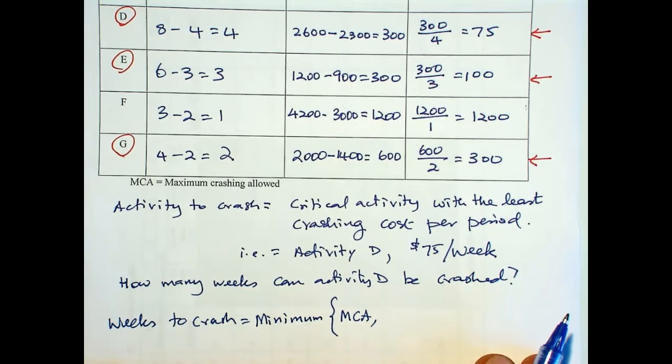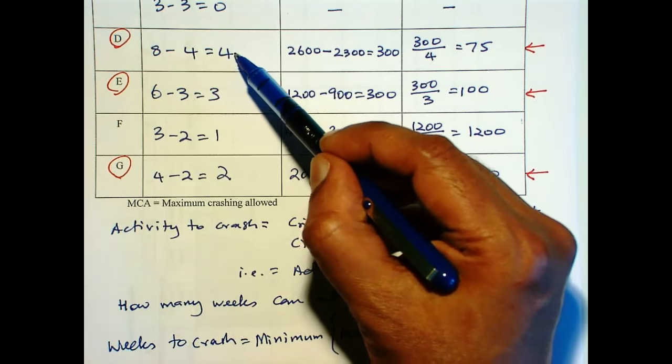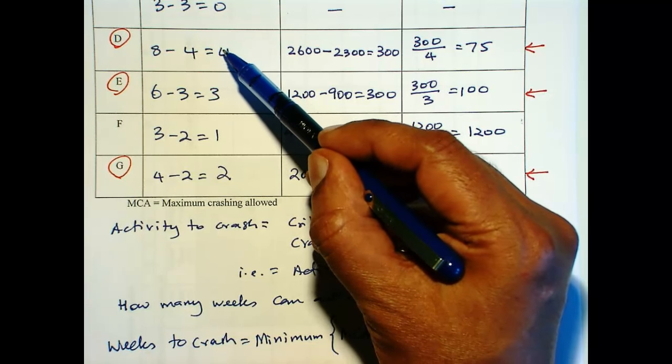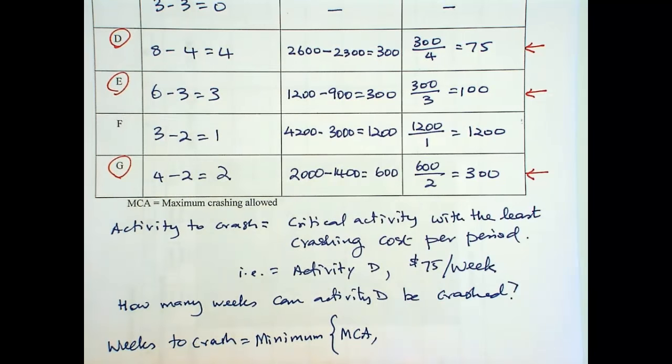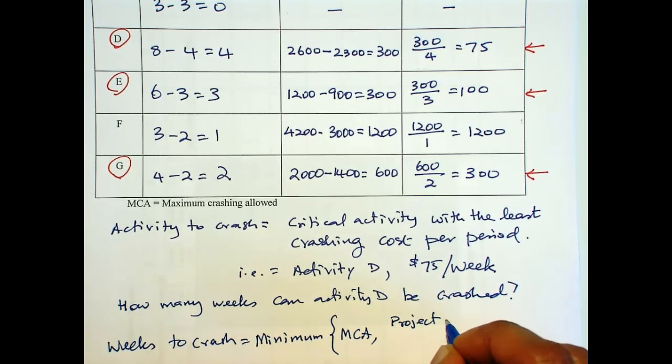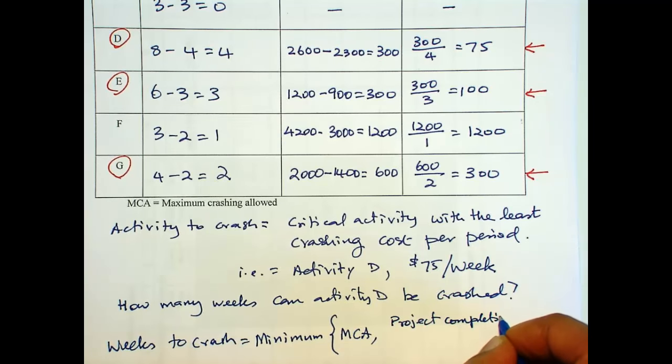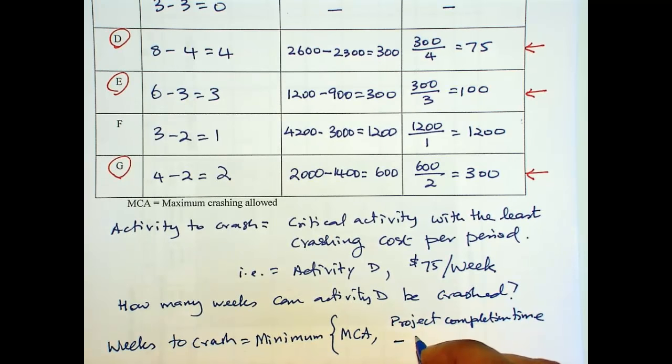But not only that, you need to look at one more item: project completion time, that is the length of the critical path, minus the duration of the second longest path.